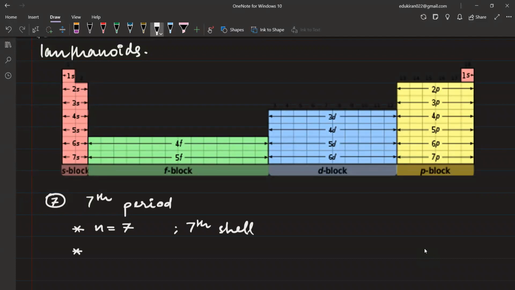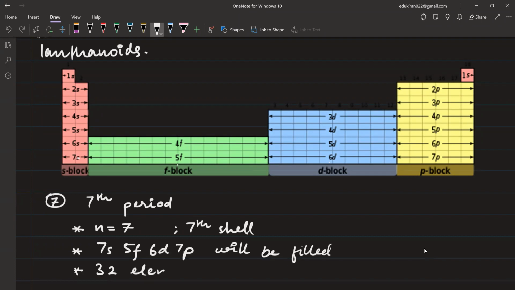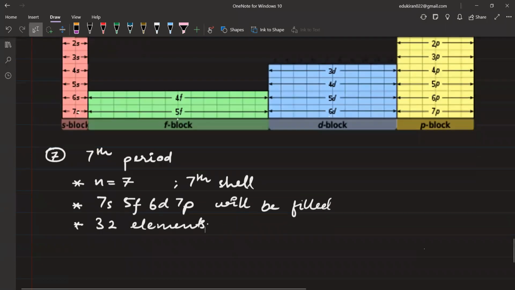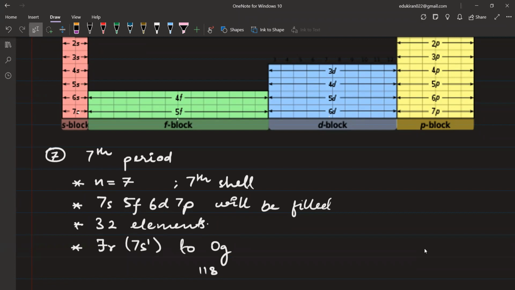We forgot the order, where did we reach? We will have 7s, 5f, 6d, 7p filled. There are 32 elements, and starting from Francium we'll have the outermost electronic configuration of 7s1 to Oganesson, which is 118. If you write its IUPAC nomenclature, it will be Ununoctium.